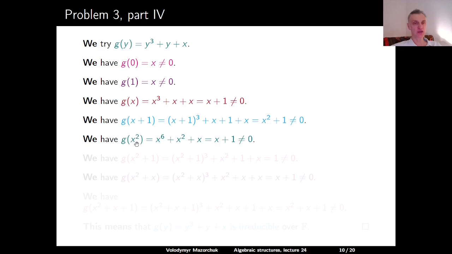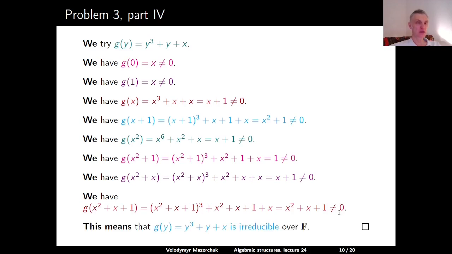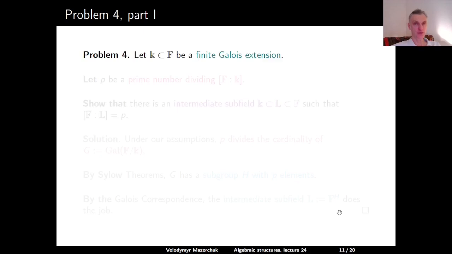So similarly, g of x squared is x plus 1, which is non-zero. g of x squared plus 1 is 1, which is not 0. And g of x squared plus x is x plus 1, which is not 0. And finally, g of x squared plus x plus 1 is equal to x squared plus x plus 1, which is not 0. So this means that our polynomial doesn't have any roots in our field F, and so it is irreducible over F.